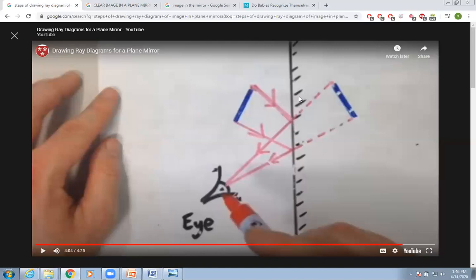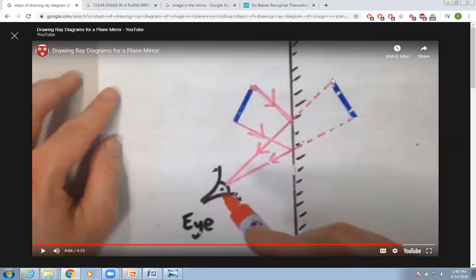After drawing the image by taking equal distances, you will draw the dotted lines. You always draw the dotted lines behind the mirror and straight lines in front of the mirror. And these dotted lines you will draw by the scale towards the eye. Okay? The top and bottom lines should converge at the eye.